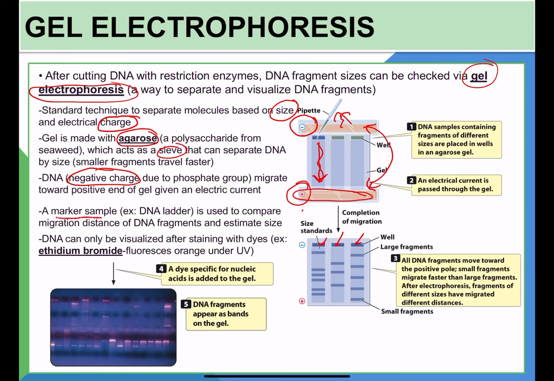Okay, the marker sample, or what we usually refer to as the DNA ladder if we're looking at DNA samples. There's also a protein ladder for protein samples, but its purpose is to serve as known standard length sizes of DNA that we can correlate how far the bands are migrating to the size of the DNA fragment.